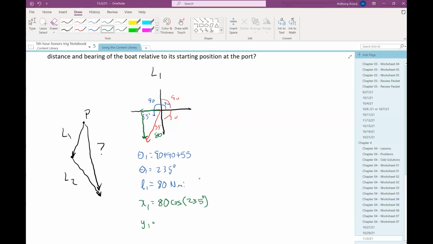Because what I'm going to do is take the horizontal components and add them together from both legs, and the vertical components and add them together from both legs. And that'll get me my result, right? Same idea here for the vertical component, except for the vertical components we're going to be using sine.